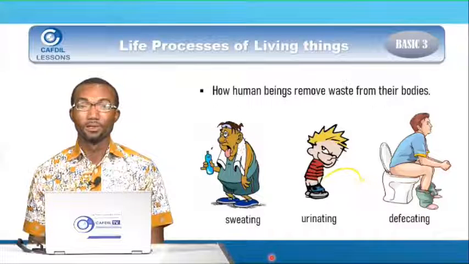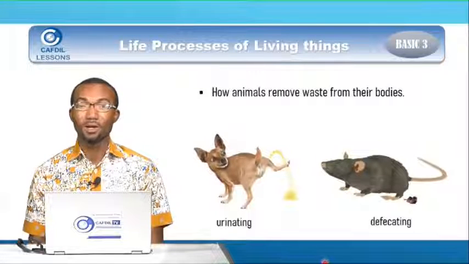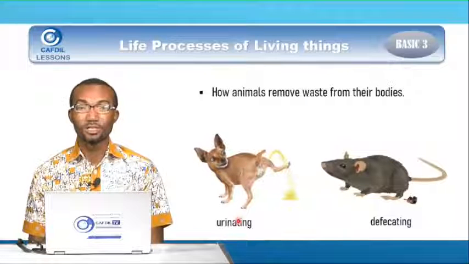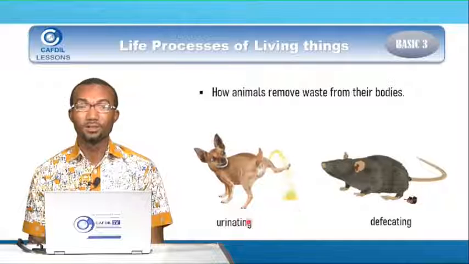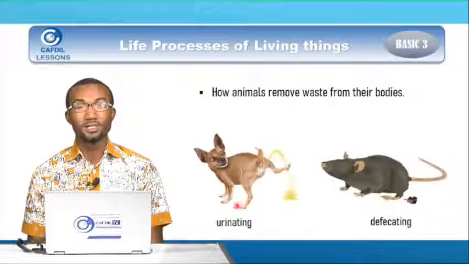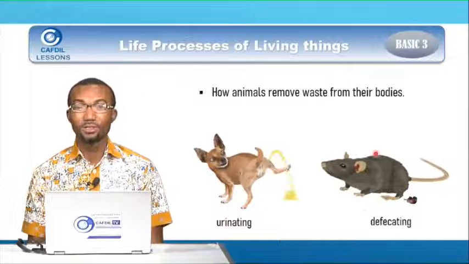Good. Now let's look at how animals remove waste. So you see this dog urinating. As we saw a human being urinating, dogs also urinate, and it's a way of removing waste from their bodies. Look at this mouse also defecating.